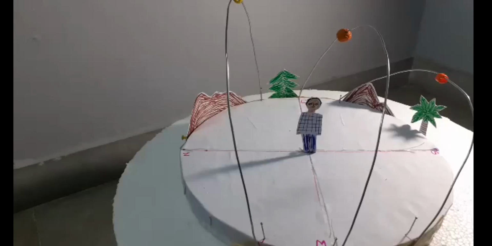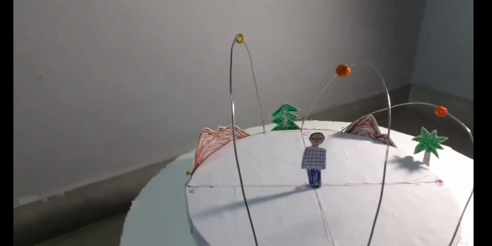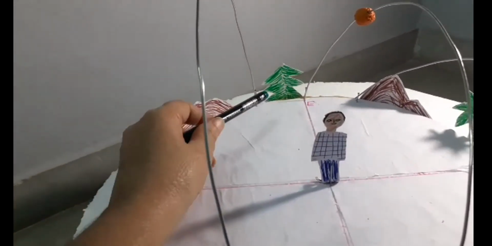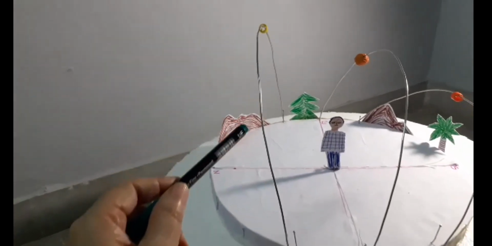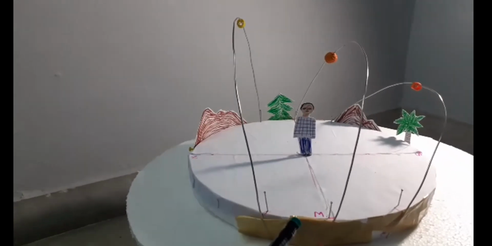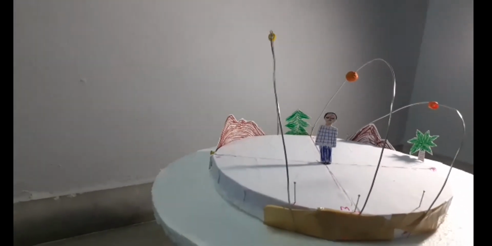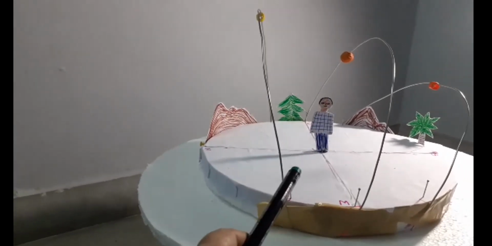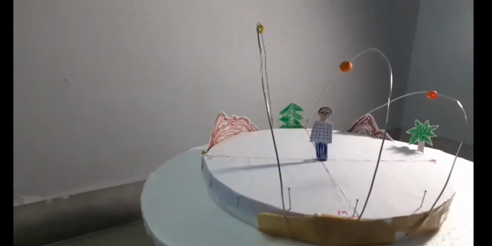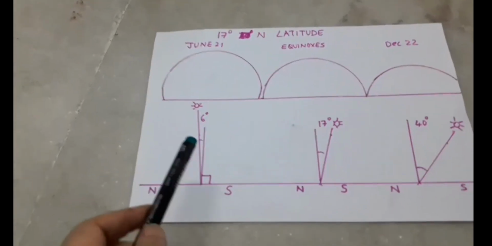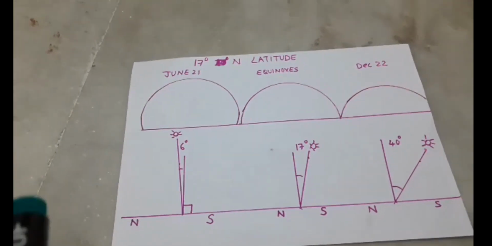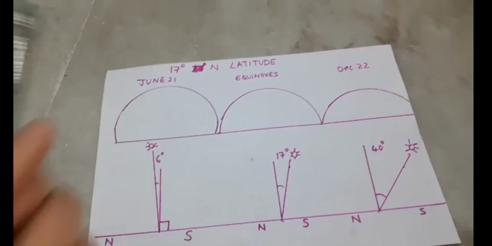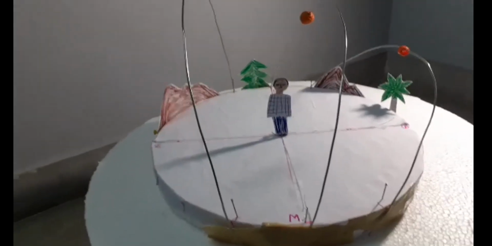In summer it has a larger arc because the day is long, and like at every other latitude, the sun rises in the northeast in summer and sets in the northwest.